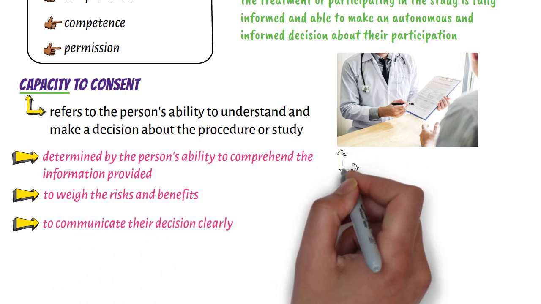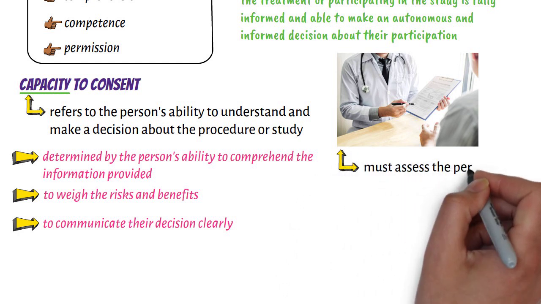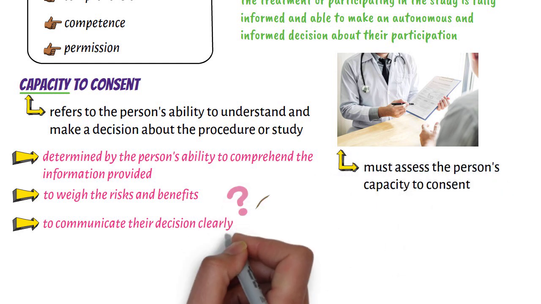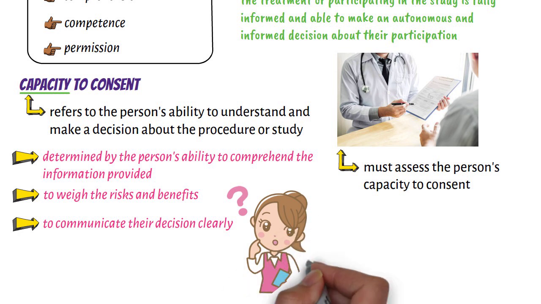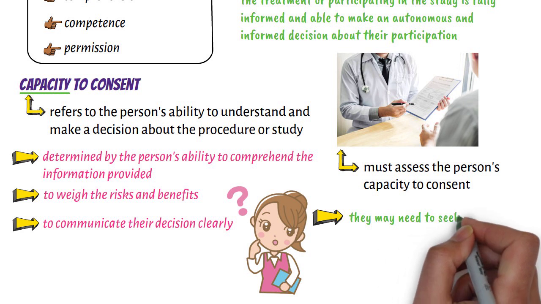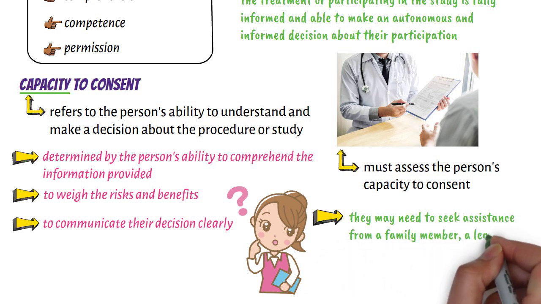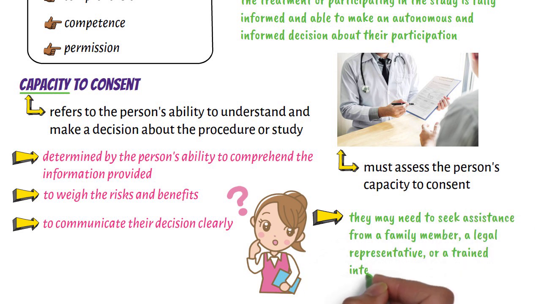The healthcare provider or researcher must assess the person's capacity to consent, and if there are concerns about their ability to understand the information or make an informed decision, they may need to seek assistance from a family member, a legal representative, or a trained interpreter.